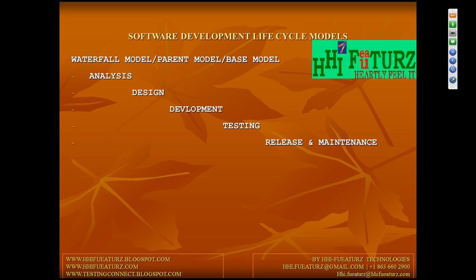Whether it is agile methodology, fishbone model, spiral model, or rapid application development model, all these five phases you will come across, but in a slightly modified way. That is the reason all those models were born from the waterfall model.